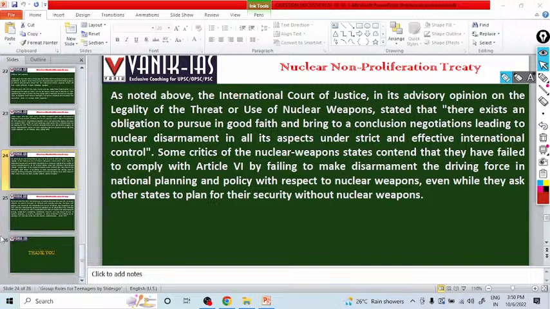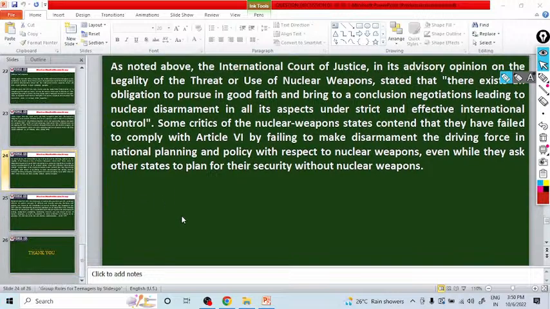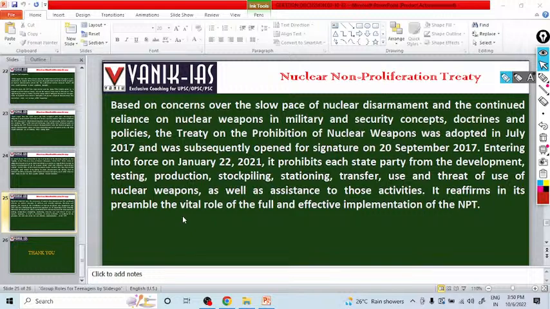Fine, but still this is one of the most well accepted treaties, despite the slow progress of nuclear disarmament and the continued reliance on nuclear weapons in military and security concepts, doctrines and policies. The Treaty on Prohibition of Nuclear Weapons was adopted in July 2017 and was subsequently opened for signature on September 17.